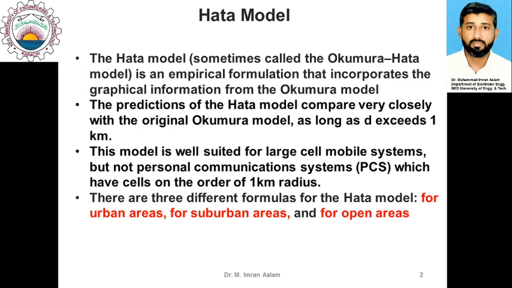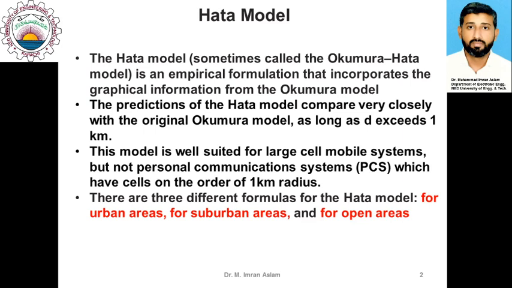So you can take the Hata model as another form of the Okumura model, where the graphical information is incorporated in the form of mathematical formulation. So it makes a more convenient model when we try to implement it in any computer software, or when we are trying to analyze any type of system.